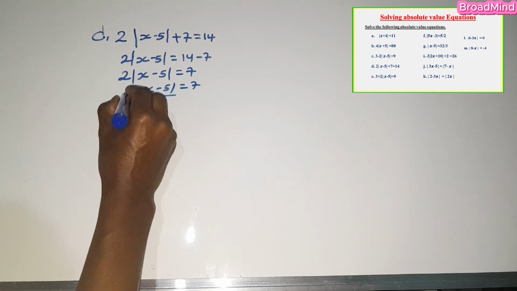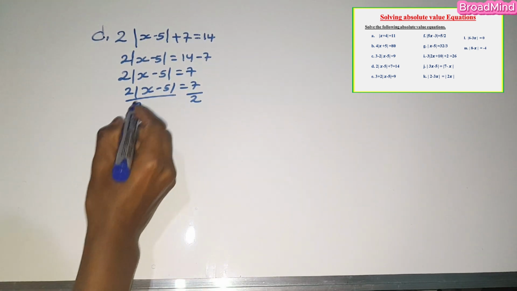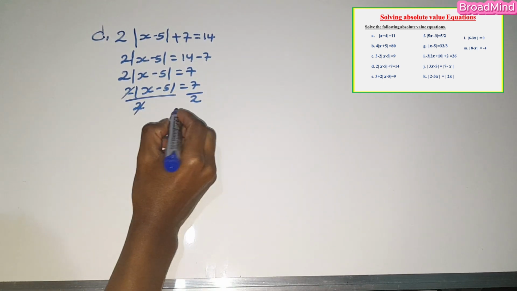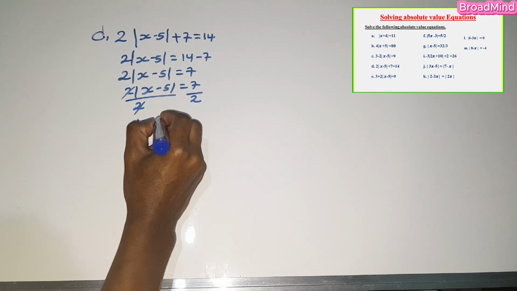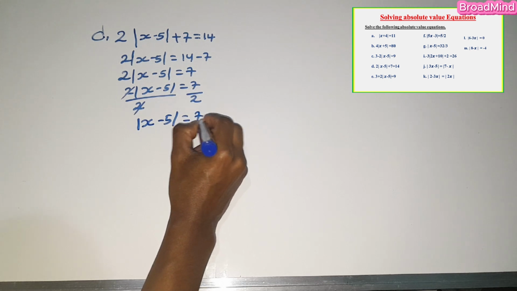Divide both sides by 2, 2 cancelled by 2. Absolute value of x minus 5 is equal to 7 over 2.